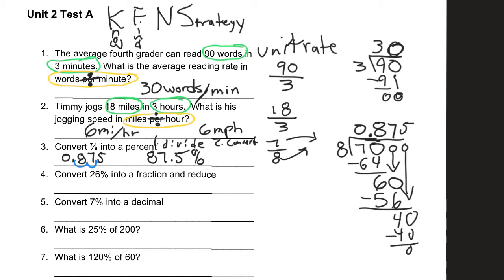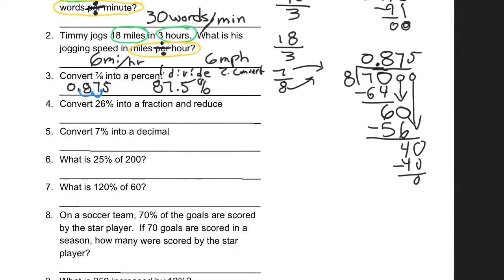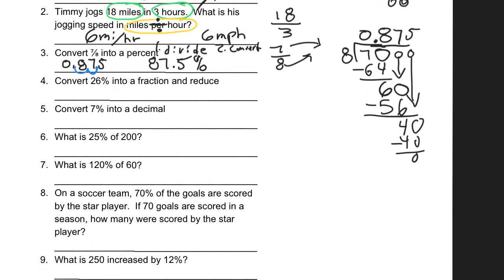All right, number 4. I'm going to start moving this. Number 4, convert 26% into a fraction and reduce. Okay, what's my strategy? Well, I can turn any percentage into a fraction by just putting this number right here over 100.